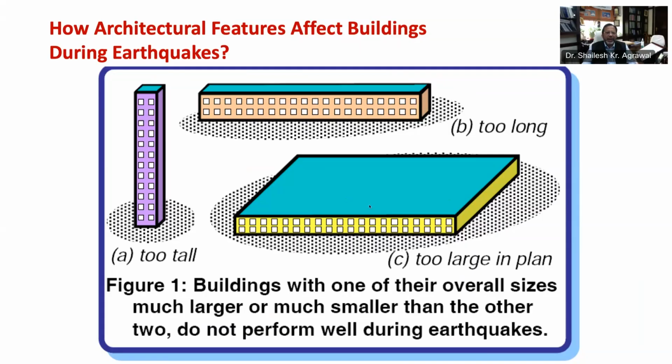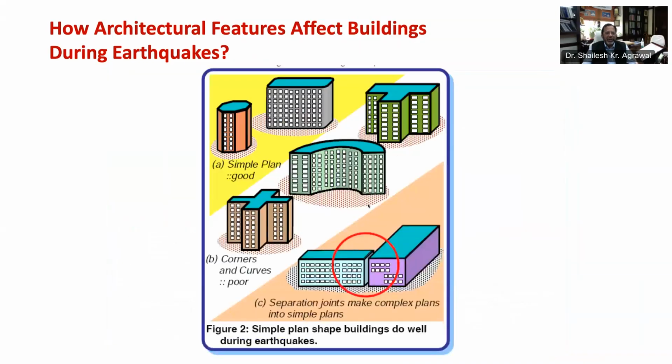Now let's look at the horizontal layout or plan of the building. In general, simple geometry in plan as shown in this figure 2A have performed better during strong earthquakes. Buildings with reentrant corners such as U, V, H and plus shaped as shown in this figure 2B have sustained significant damage during earthquakes.